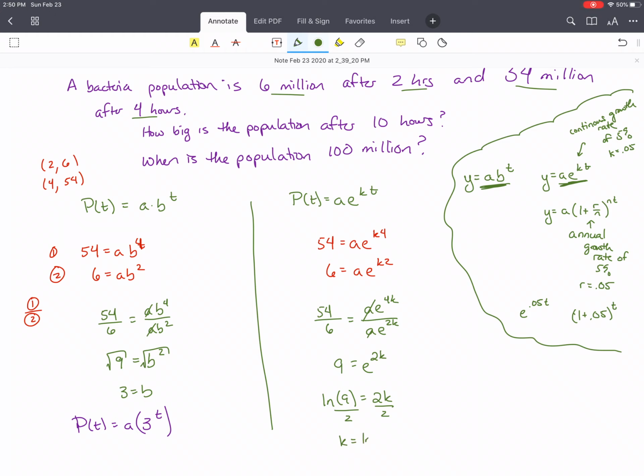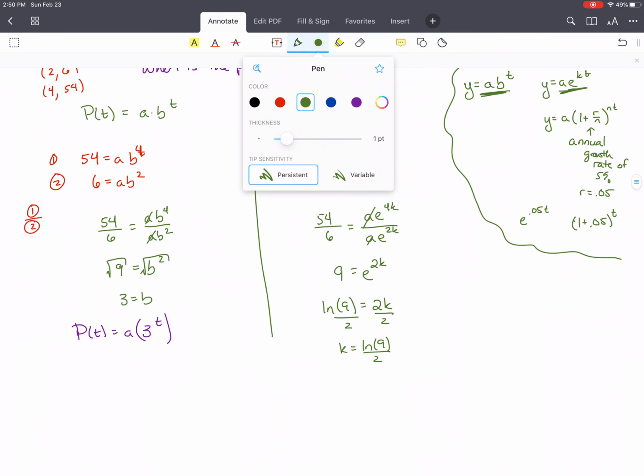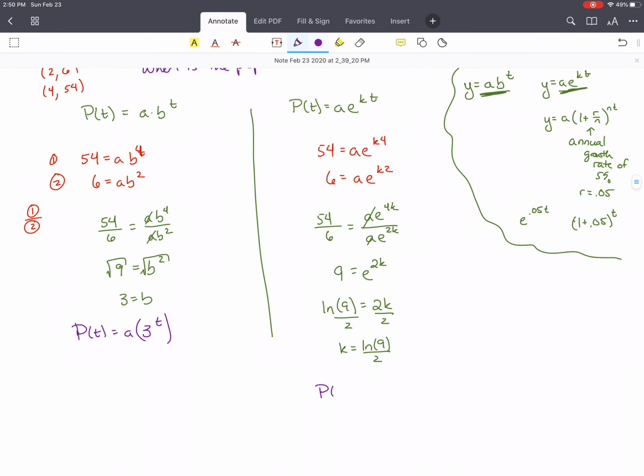So k is natural log of 9 divided by 2. And then I could write down p of t is equal to a e to the natural log of 9 divided by 2 times t. This is my first step, is figure out what the base is or what the continuous percentage rate is.